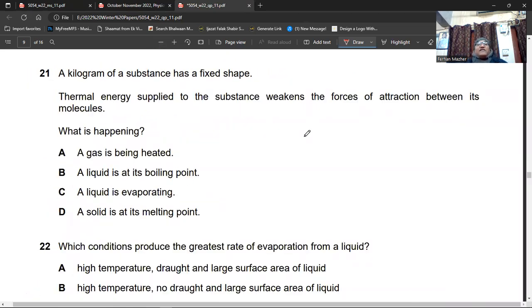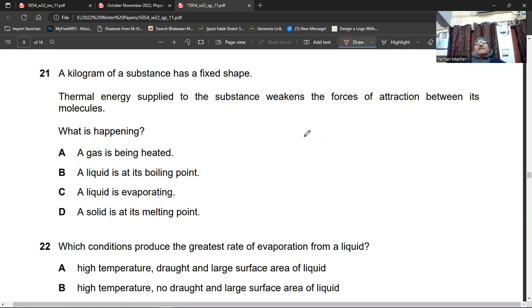A kilogram of a substance has a fixed shape. Thermal energy supplied to the substance weakens the forces of attraction between its molecules. What is happening? If it has a fixed shape, it's a solid. So it was a solid, you heated it, and now the forces of attraction are weakening.